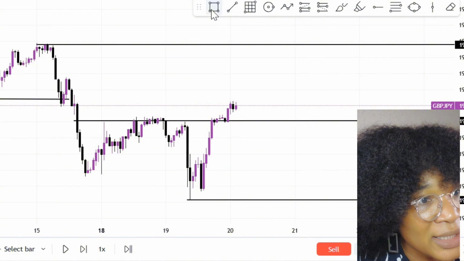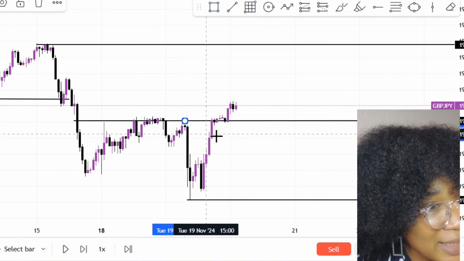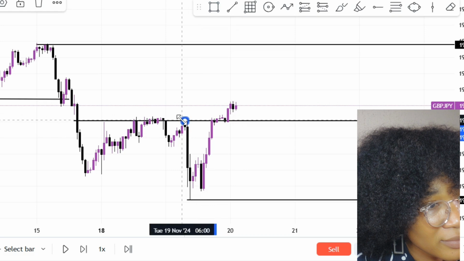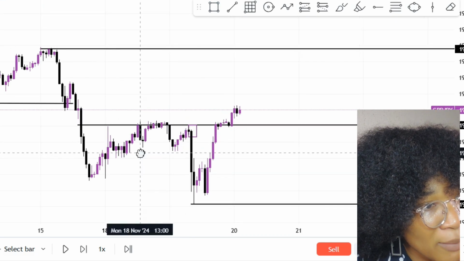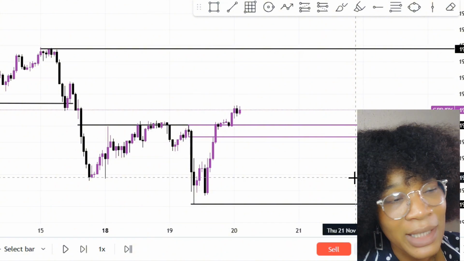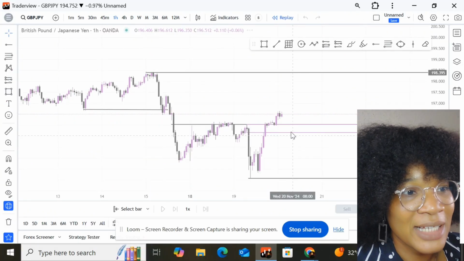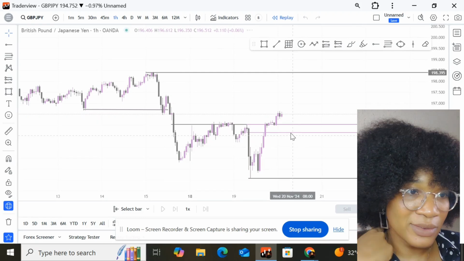If I'm not mistaken, this is an order block right here, but it is sitting at a discount level, and I don't want to pay attention to it as long as it is in a discount level.